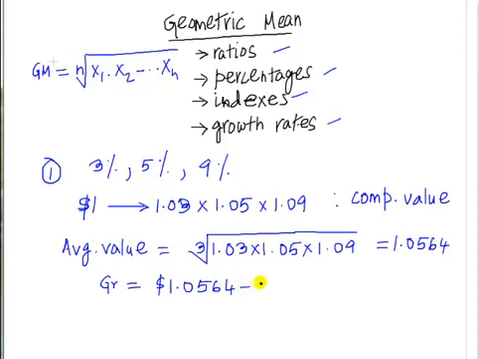So now I take my dollar off and I see that the amount of growth is 0.0564. Growth rates are always mentioned as a percentage. So instead of growth amount, I now need the growth rate. Need to translate this into a percent by multiplying by 100. And as you probably know, if you multiply by 100, the decimal moves 2 places to the right. So the average growth rate is 5.64%.